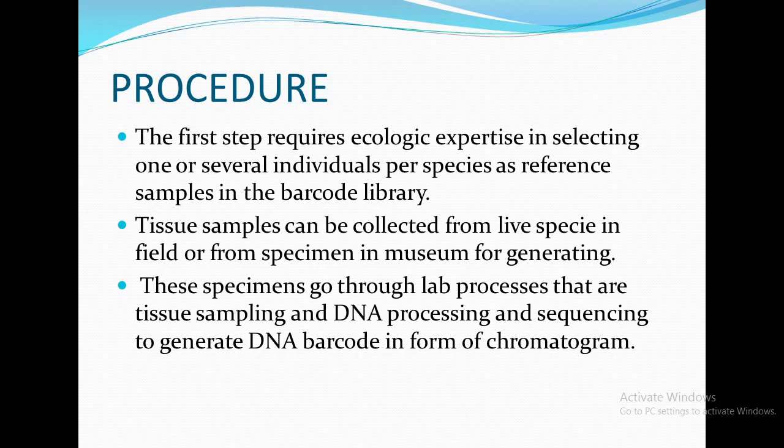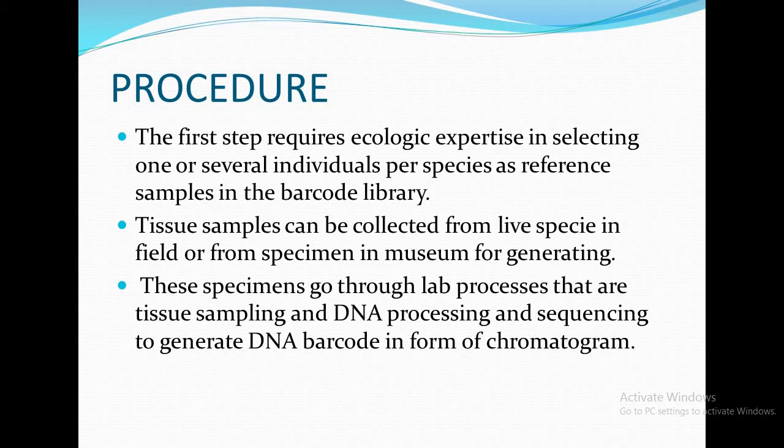The first step requires 1 or several individuals per species as reference samples in the barcode library. Tissue samples can be collected from live species in the field or from specimens in a museum.